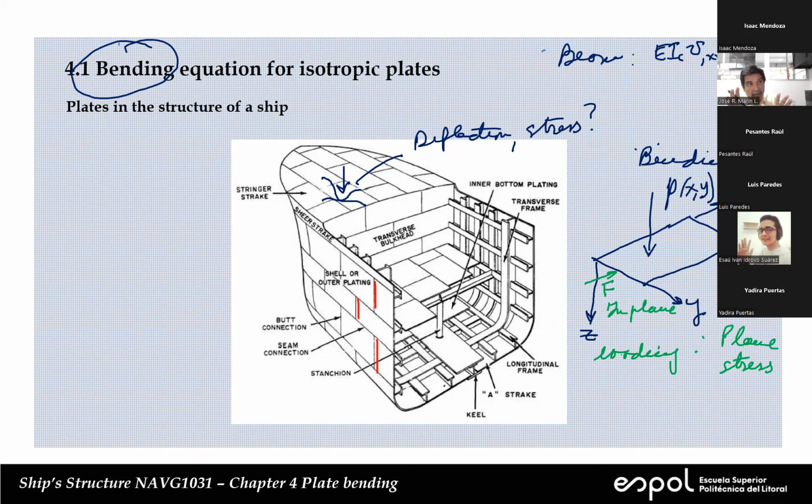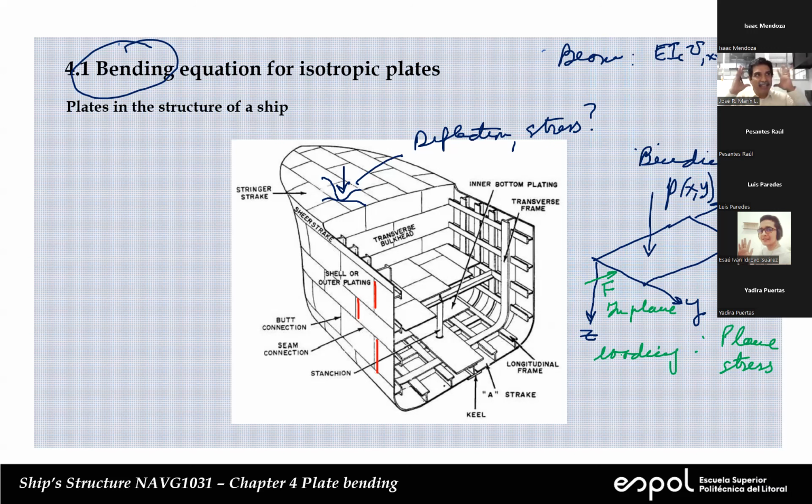In dark blue, bending, lateral load, that is the situation that we are going to analyze in this case, okay? So that's why we call it plate bending, okay? If you want to analyze in-plane loading, yeah, we can do it, but we don't have the time to do it in this semester.